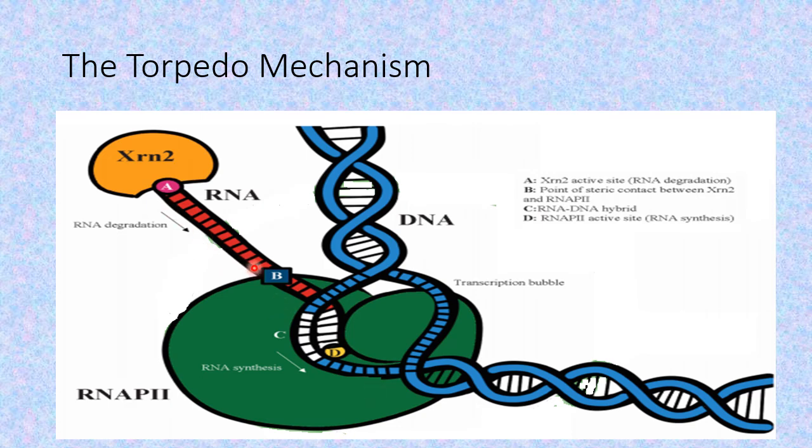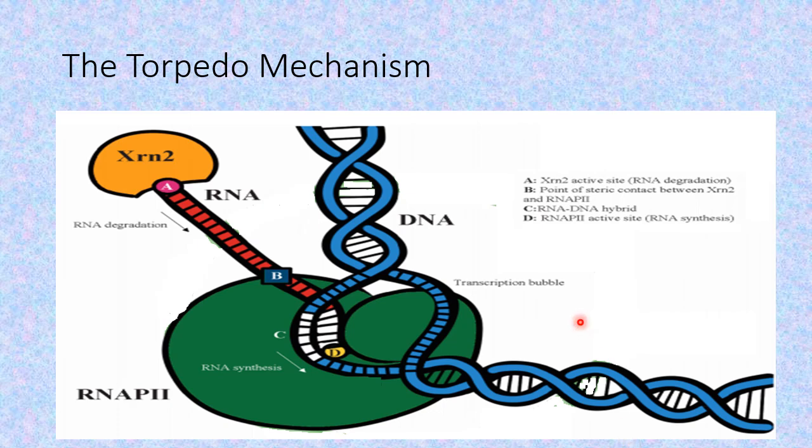it induces some conformational changes. And because of that, as it degrades the RNA, this hybrid dissolves because now no RNA is there, and conformational change takes place in this RNA polymerase, resulting in its disengagement or its removal from the double helix, and the normal double helical structure is regained.